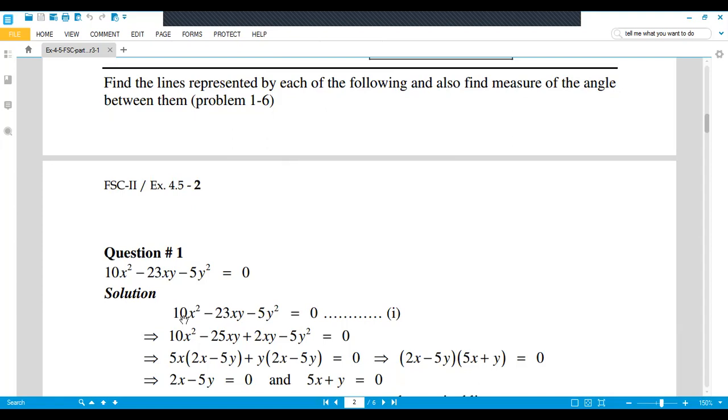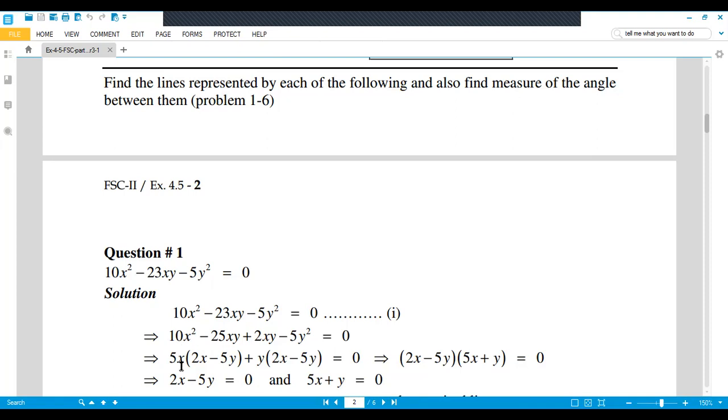The factors of minus 50 which give minus 23 are minus 25 plus 2. Look, minus 25 multiplied by 2 gives minus 50, and when you add 2 to minus 25, you get minus 23. So in the first two terms, 5 is a common factor and x is also common.